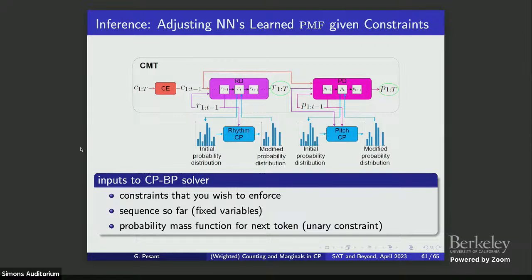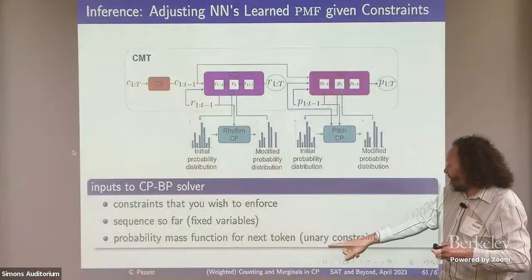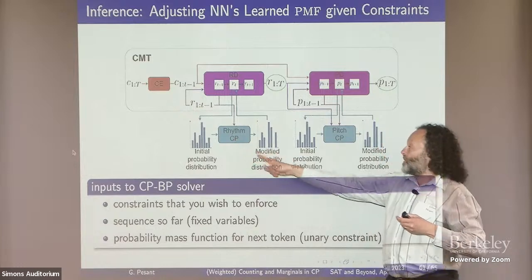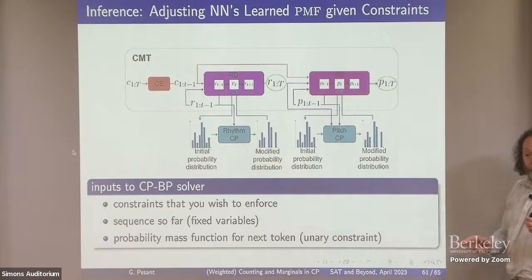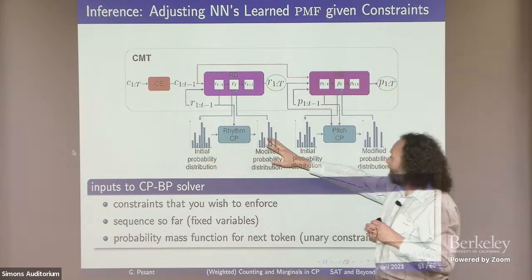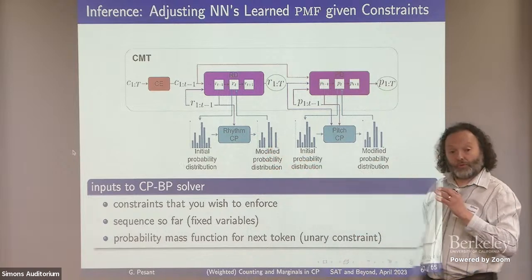The idea here is that since our CP-BP solver is used to manipulating distributions over domains, we just input that into our solver with the constraints, and it outputs a modified probability distribution from which you then sample. That will reflect what was learned from the training corpus, but also what you should do according to the constraints.